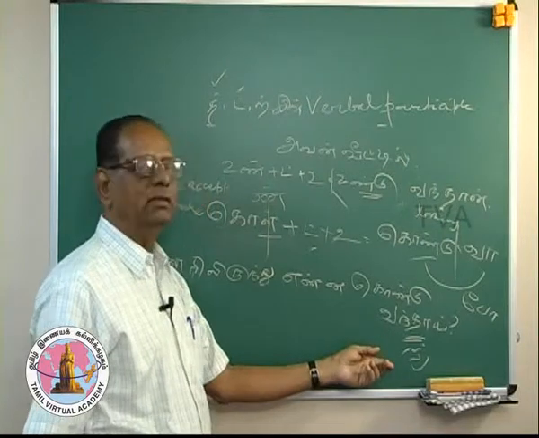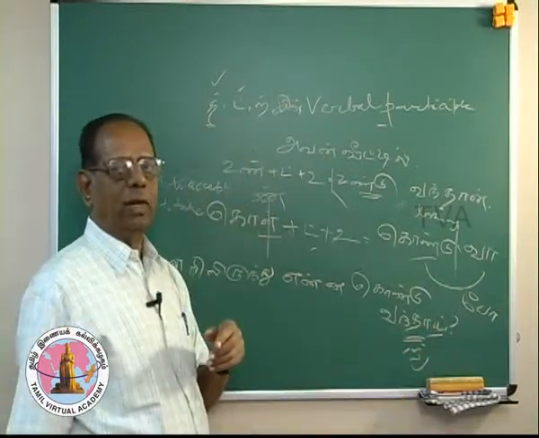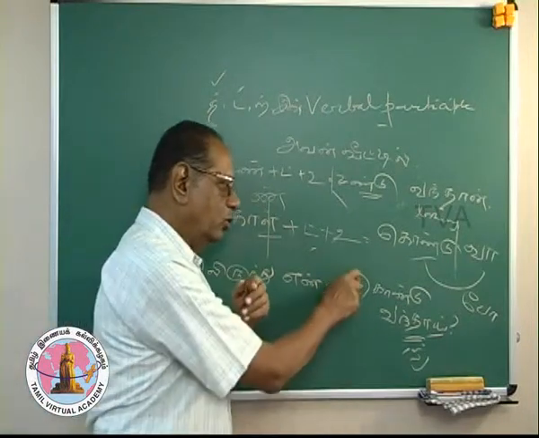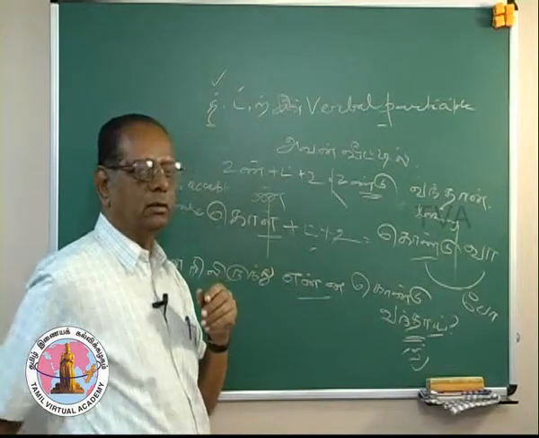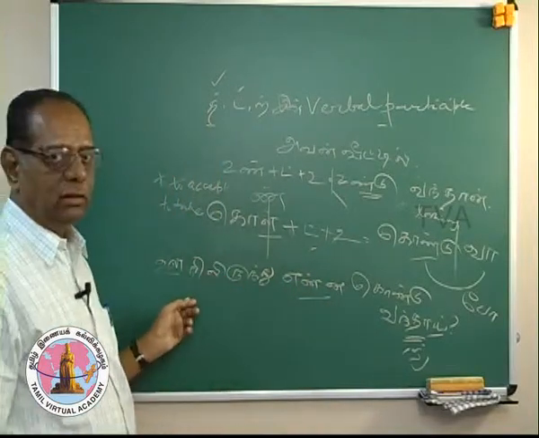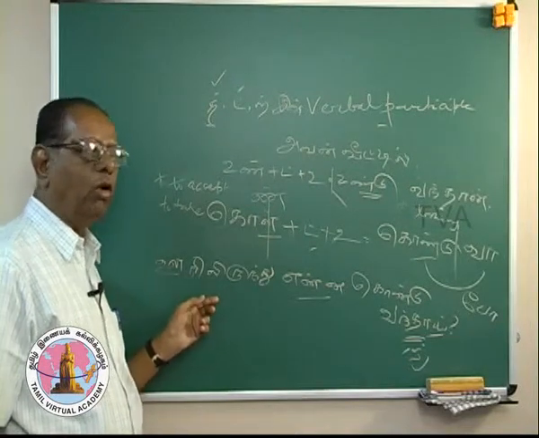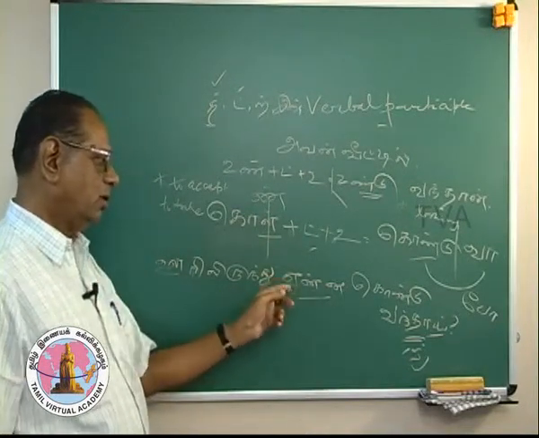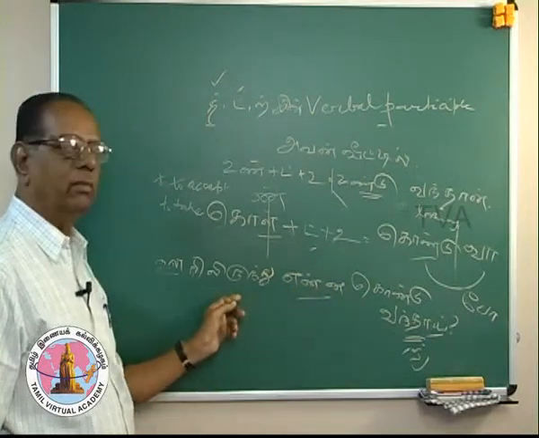Kondu vandai is in the past tense. I denotes the second person singular. Kondu, again a verbal participle. So, enna, what? Oorilirundu, from your village, from your town, from home. What did you bring from the village?